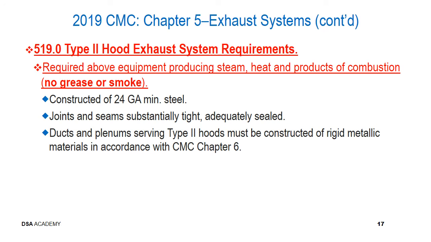Because of this, they are permitted to be constructed of a more lenient construction methodology. For instance, the materials that are used in these types of systems are permitted to be constructed of 24 gauge minimum steel. The joints in the seams themselves are required to be substantially tight and adequately sealed, but they are not required to be welded like Type 1 hood exhaust systems.